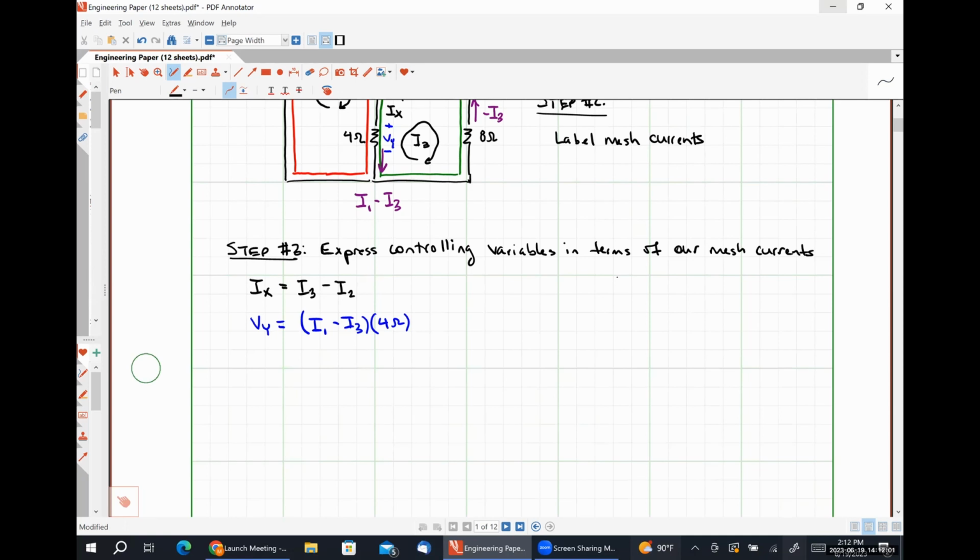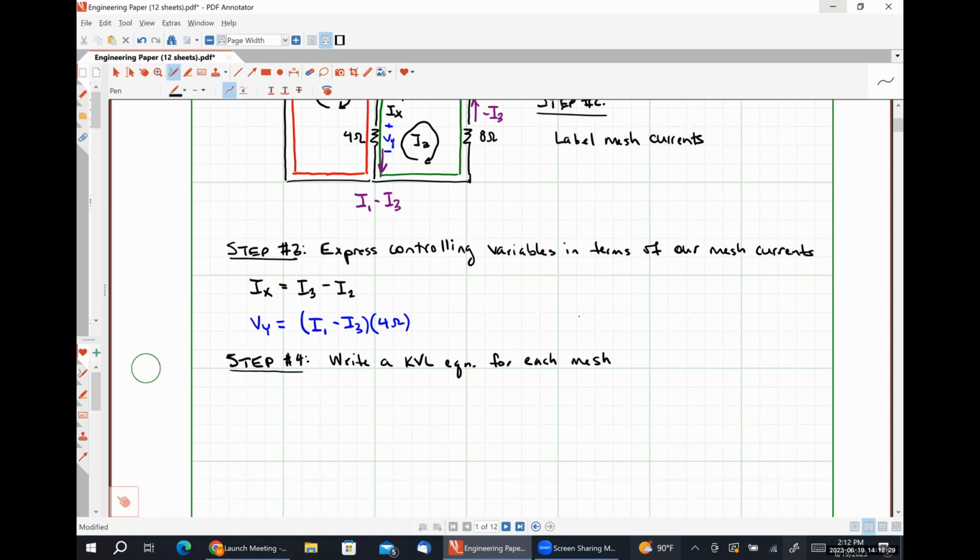So what we're going to do, step number 4, is we are going to write a KVL equation for each mesh.